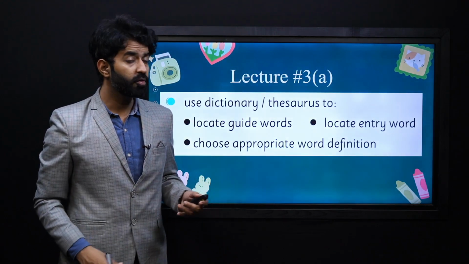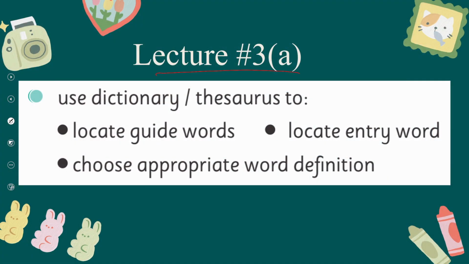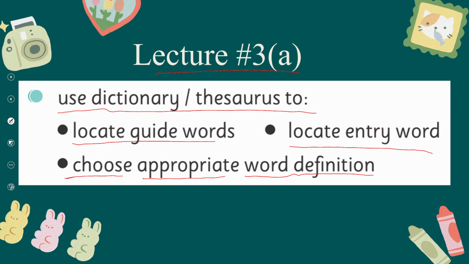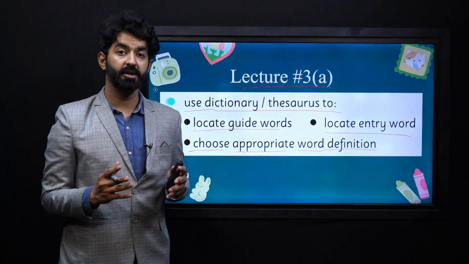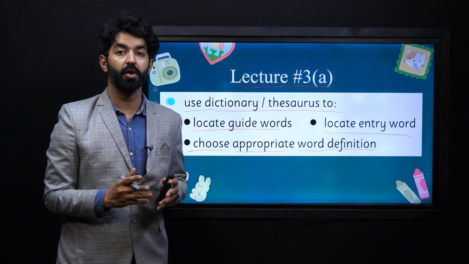Now, with our lecture number 3A, we have a vocabulary SLO. It says use dictionary or thesaurus to locate guide words, locate entry word, choose appropriate word definition. So my dear learners, this lecture will require you to have your resource materials, either a dictionary or a thesaurus.